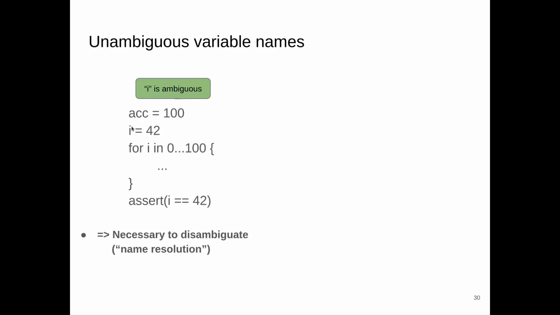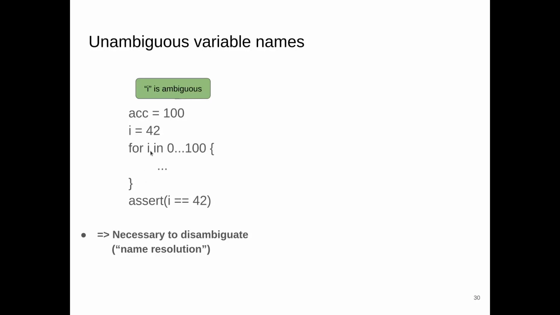Variables of the same name can coexist, and the original one can be hidden by a new one, and after the new one is destructed, the original one should be restored. So in order to support such a case, we need to disambiguate the variable names. This i in the assertion should really point to the variable that was declared here. It is not declared in this for loop.